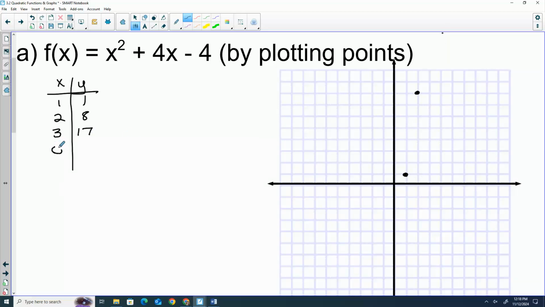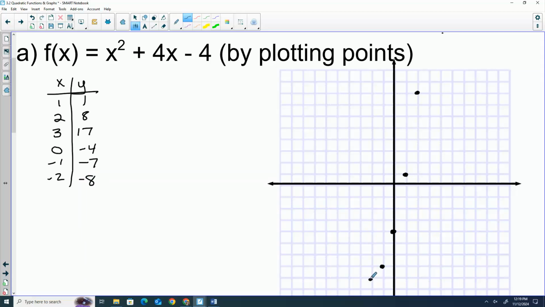So let's try some, maybe 0, -1, -2, see what happens. So if we put in 0, 0 plus 0 minus 4 is -4. Does this look like a parabola yet? Nope, we need more points. If I put in -1, -1 squared is 1, plus -4 minus 4. If I put in negative 2, I get 4 minus 8 minus 4.